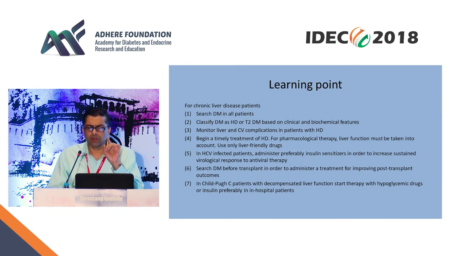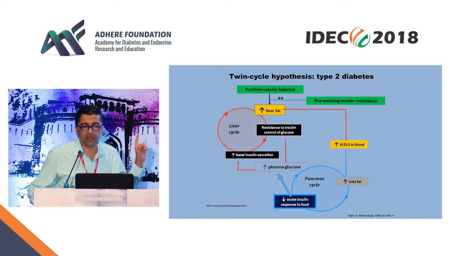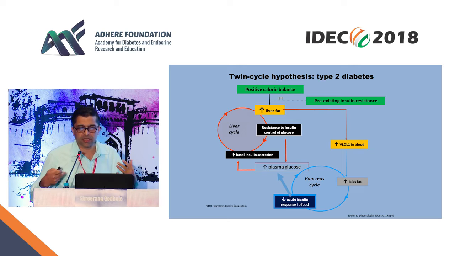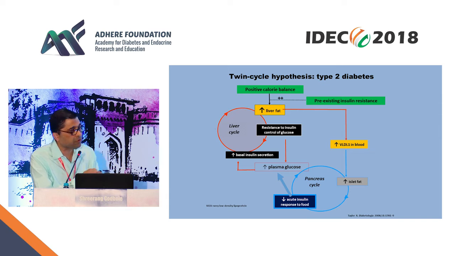My final, or the last but final point. I said the liver defect comes before the pancreas defect. I'll explain how. And this is called the twin cycle hypothesis. So if you have a positive calorie balance, increased intake of calories on a sustained basis, that's going to lead to increase in the liver fat.